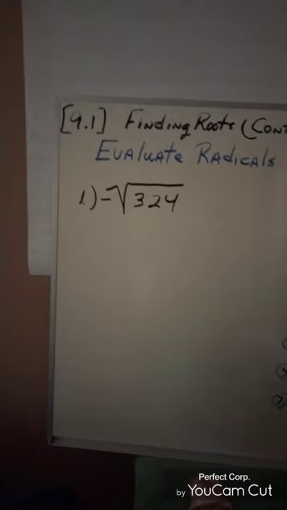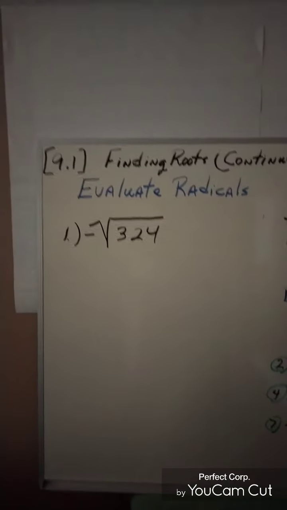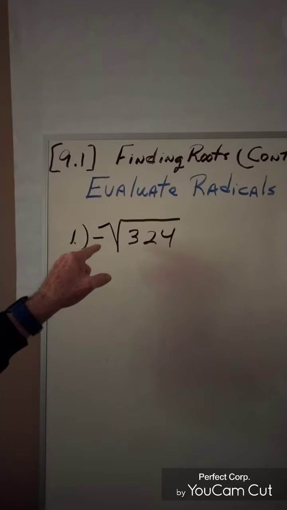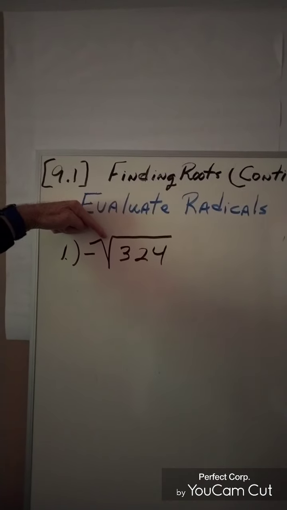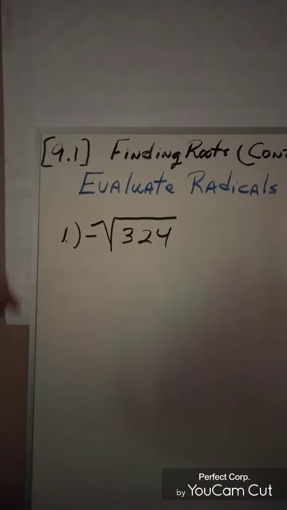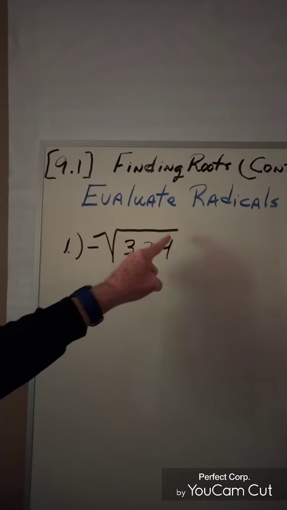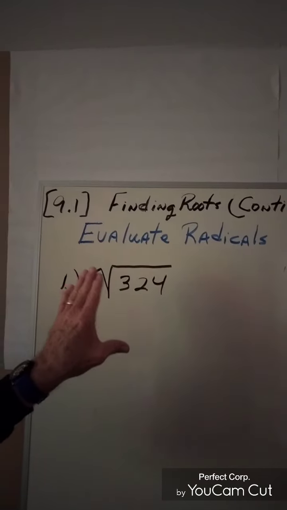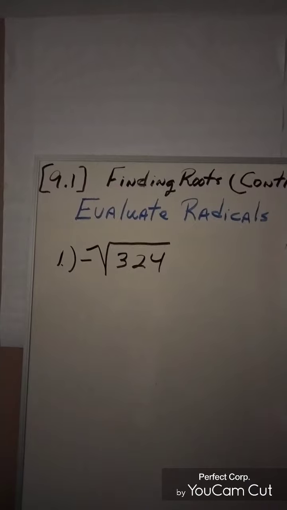Now take a look at the index so that you know that this is following capital letter A. If the index is even, it's an index of 2 because we're finding the square root. Then that means the radicand has to be non-negative, and it's non-negative. So we're going to evaluate and find this root.